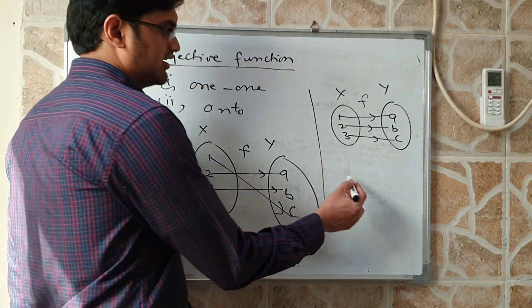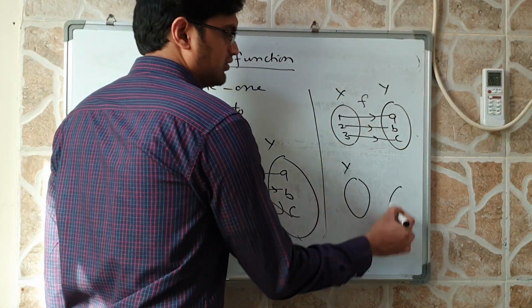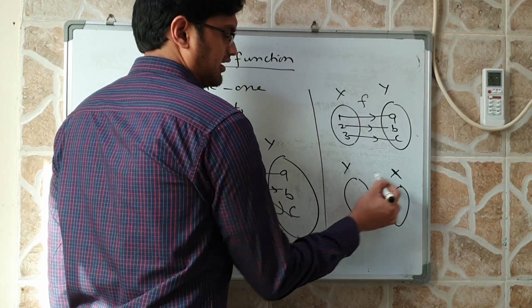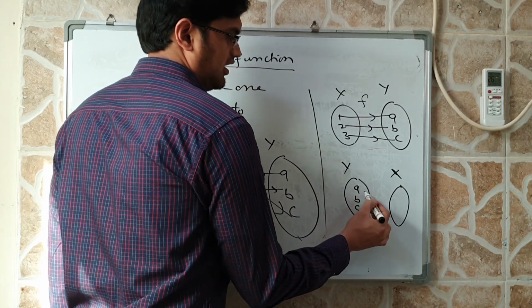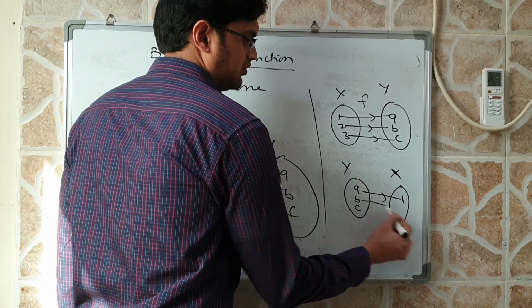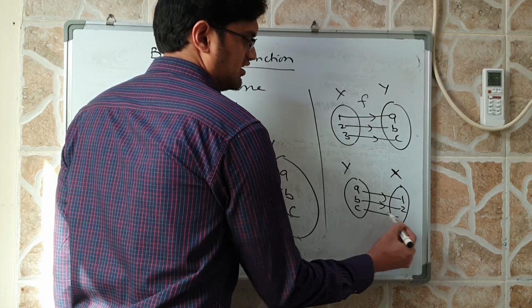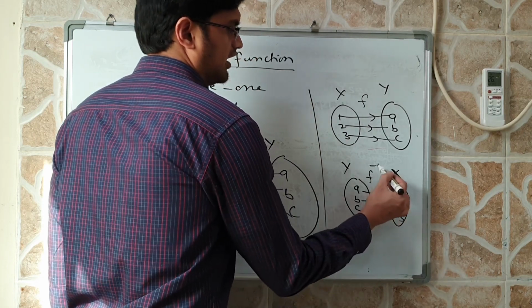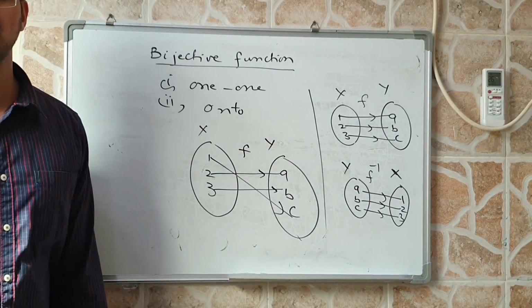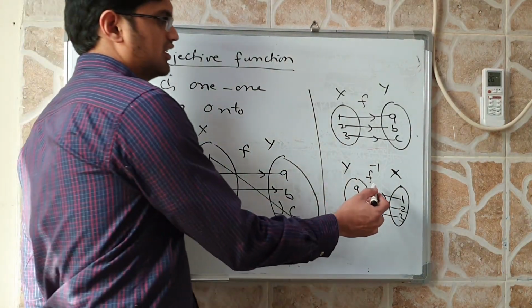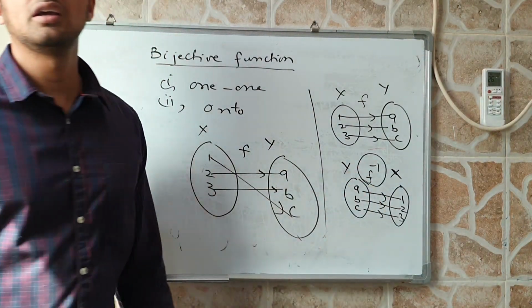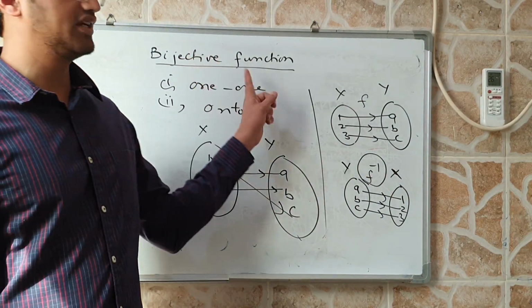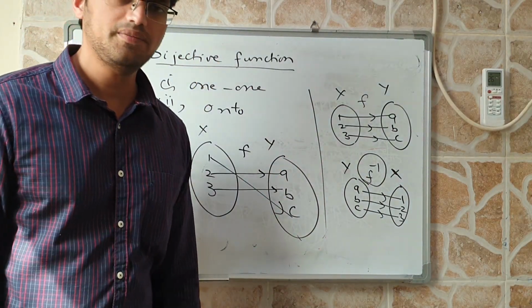So I can define a function from Y to X, that is A, B, C. A is mapped to 1, B is mapped to 2, C is mapped to 3. This is called inverse function. So inverse of a function exists only when it is bijective function. Okay? Thank you.